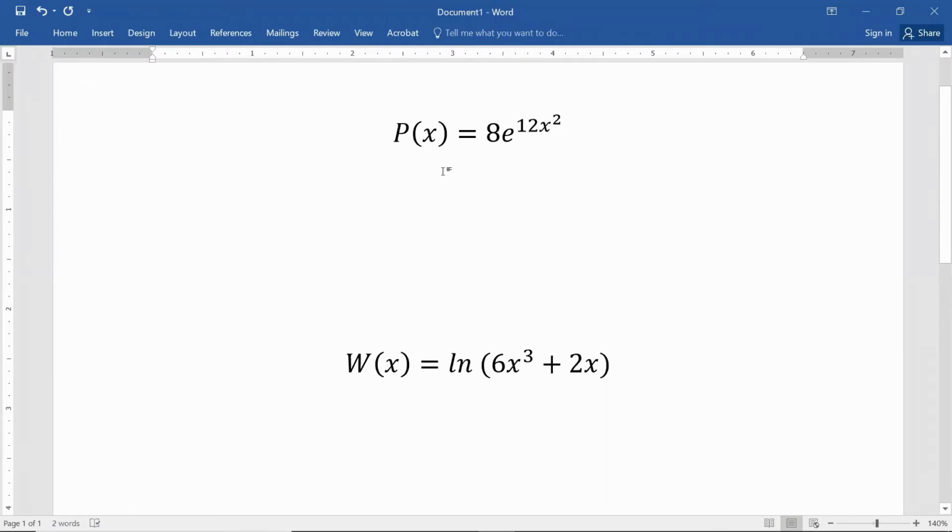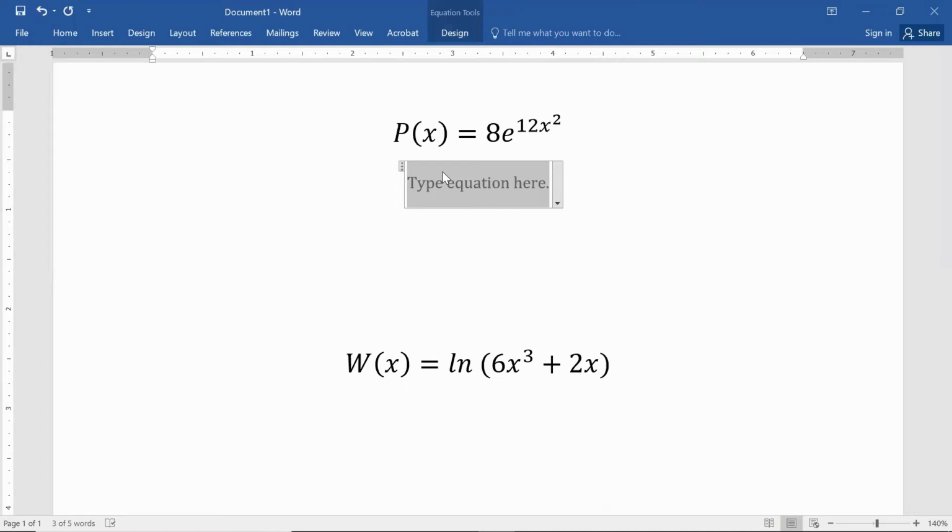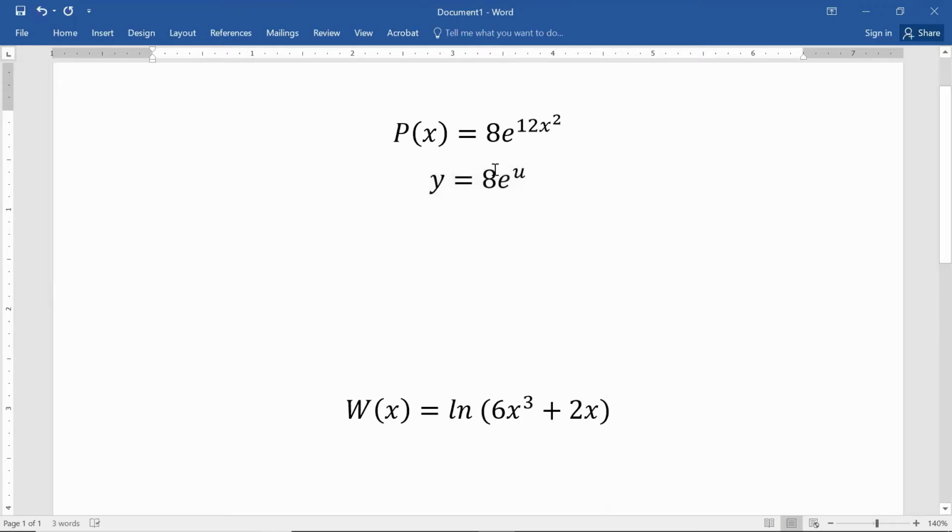We start with p of x. The way to look at that is to think that this is similar to a y equals 8 times e to a power. And we know that the derivative of 8 times e to the power is just 8 times e to a power.